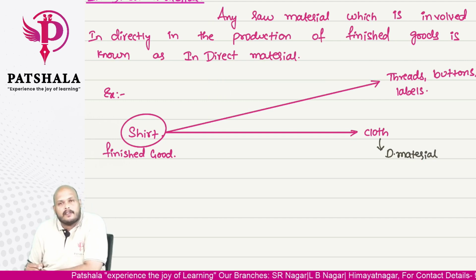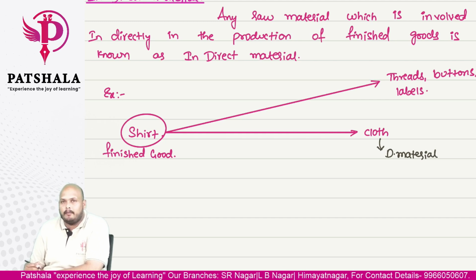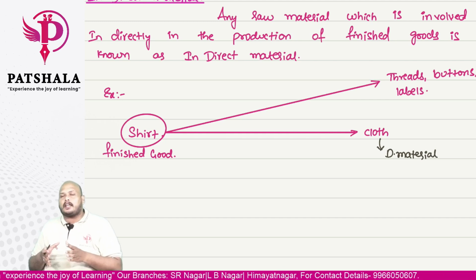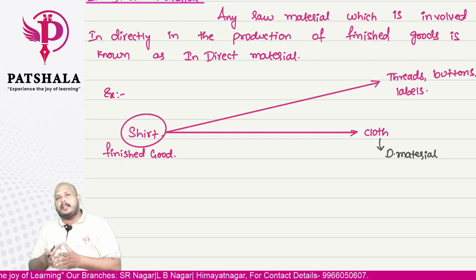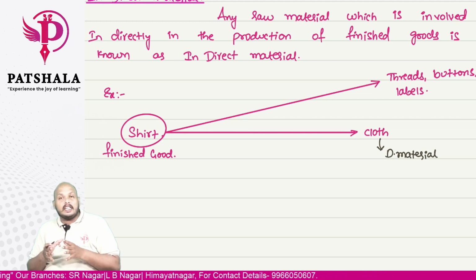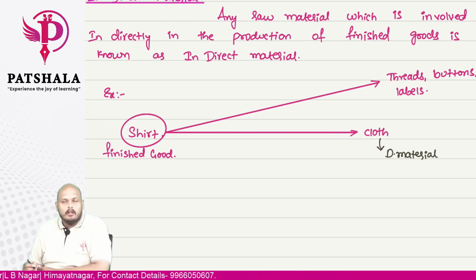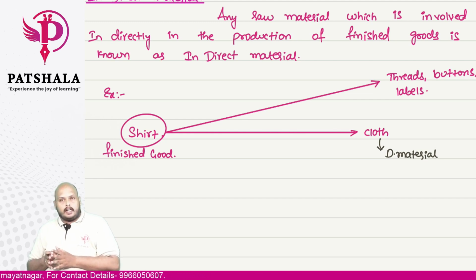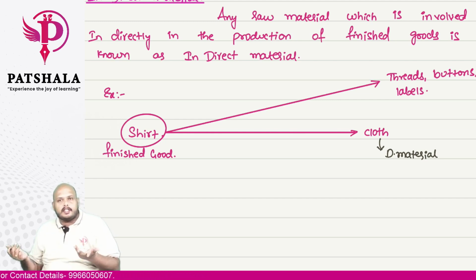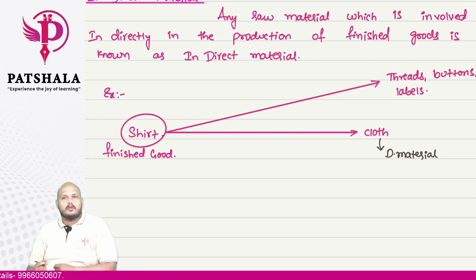This cloth is classified as which material here? Direct material, because the majority of the portion in manufacturing the t-shirt is cloth. Next, to stitch this cloth we require threads. Correct? The threads are not visible at all. Unless you look particularly using binoculars or a telescope, you cannot see that.